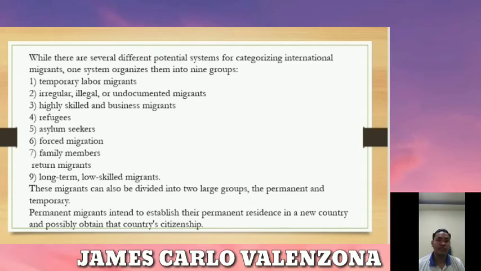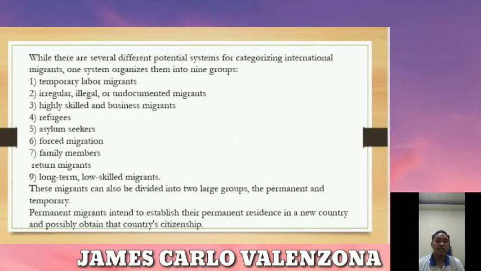The fourth is refugees, the fifth is asylum seekers, the sixth is forced migration, the seventh is family members, the eighth is return migrants, and number 9 is long-term low-skilled migrants.